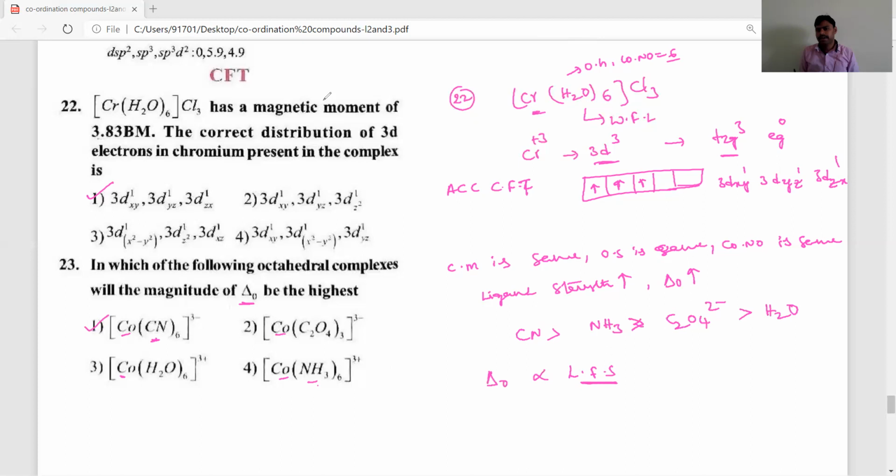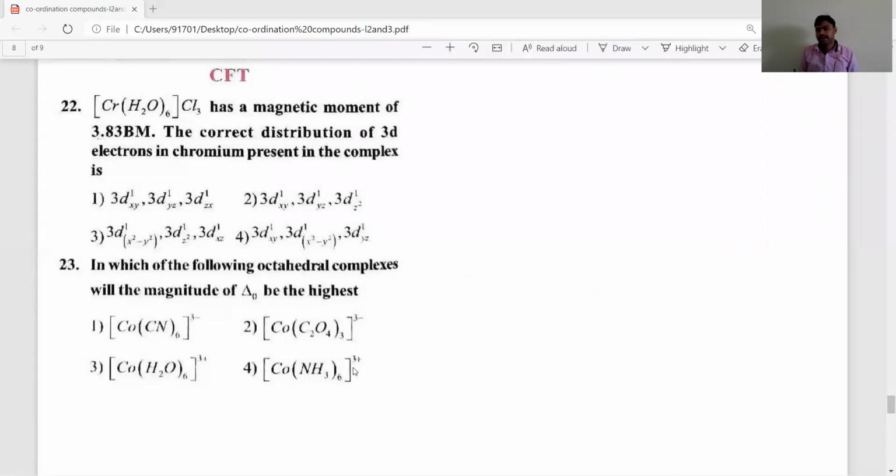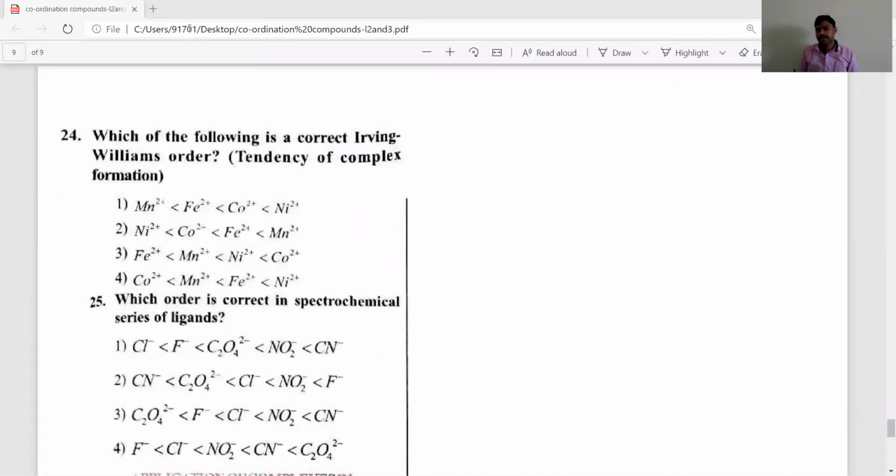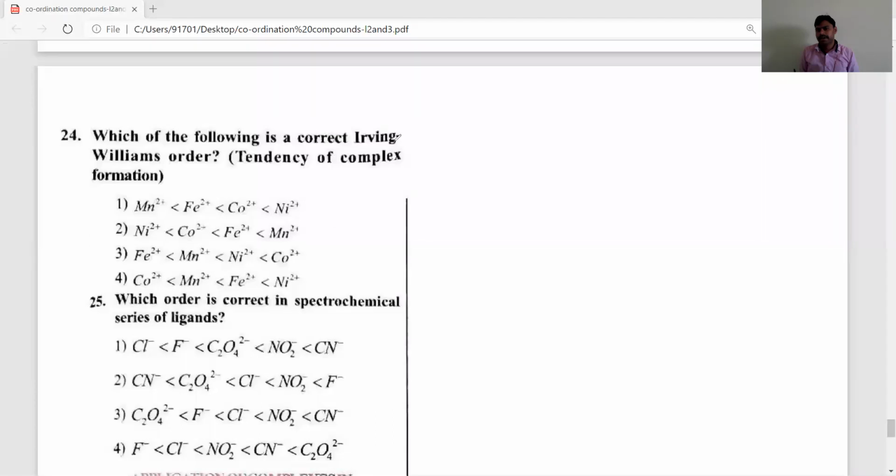Okay, students, let's see the 24th question. Which of the following is the correct Irving-Williams order for the tendency of complex formation? The first option is correct.